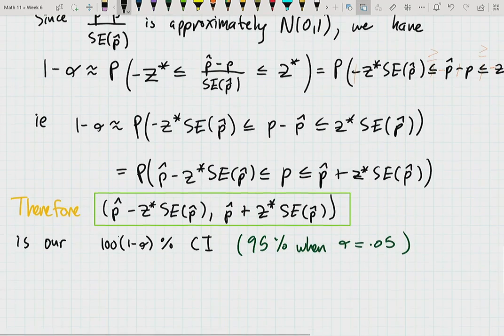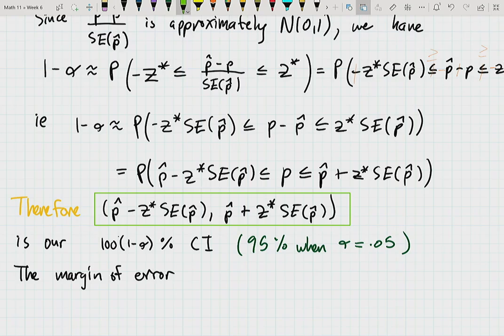And we have a new terminology. The margin of error, ME, equals Z star times the standard error.